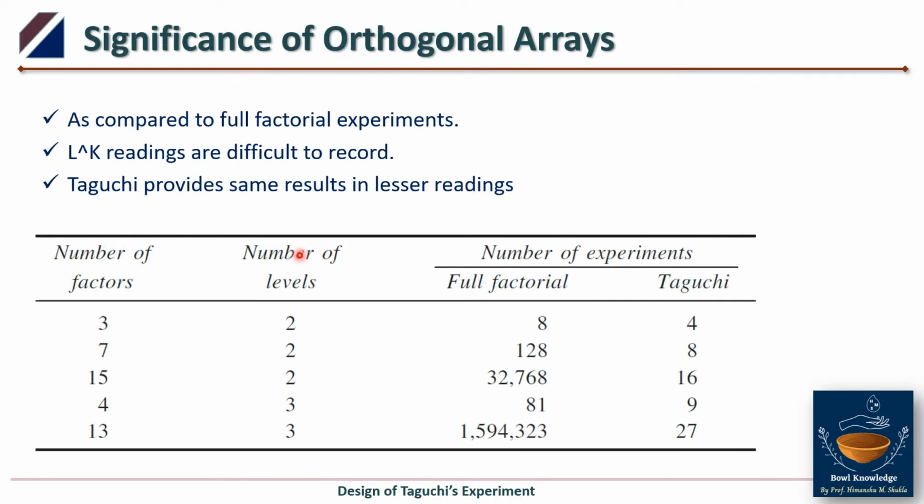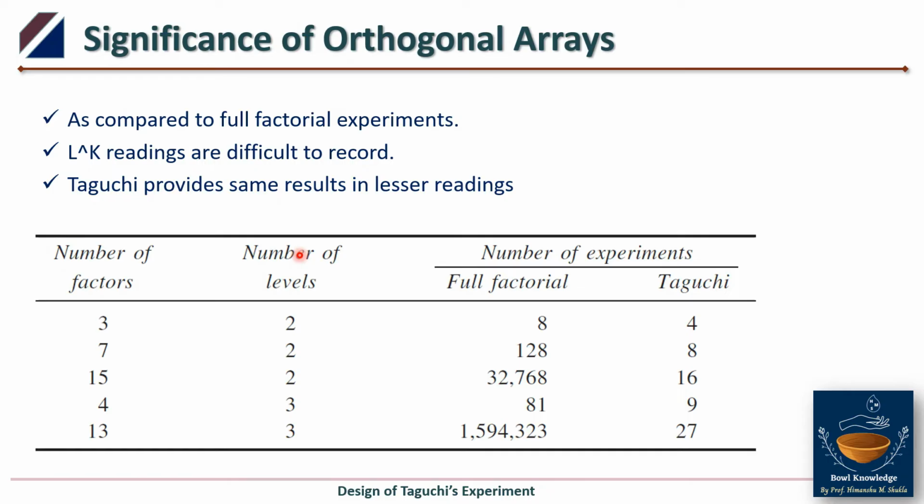So as compared to full factorial experiments, L to the power k readings are difficult to record. What is L to the power k? Let me give you a brief introduction. What is full factorial design? So L is the number of levels and k is the number of factors.